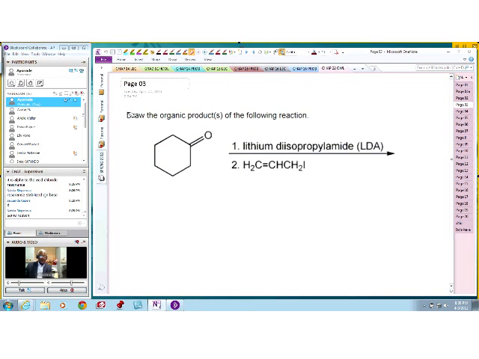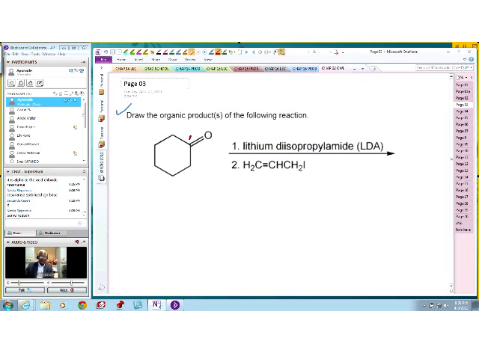Jaconda, read this question for us. Draw the organic product or products of the following reaction. Thank you, and very good. We are using LDA, and then we have cyclohexanone.